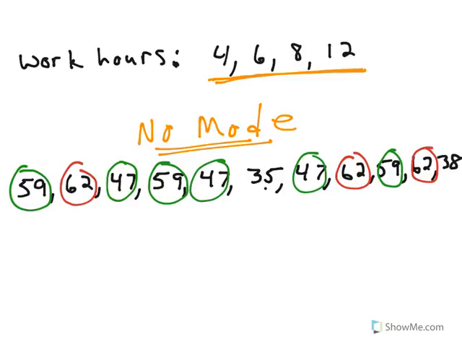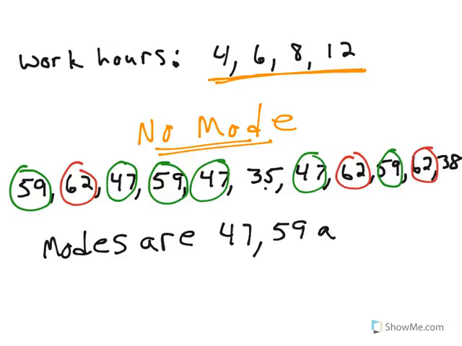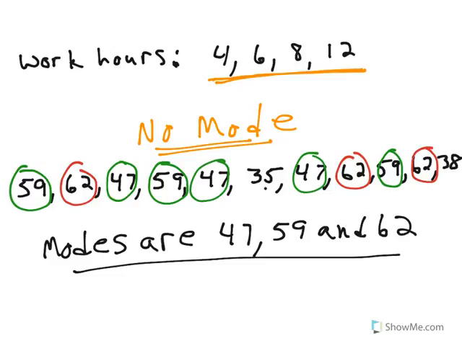So there are multiple modes, and the modes for this example are 47, 59, and 62. Each of those values occurs 3 times, which is more than 35 and 38, so we have 3 modes.